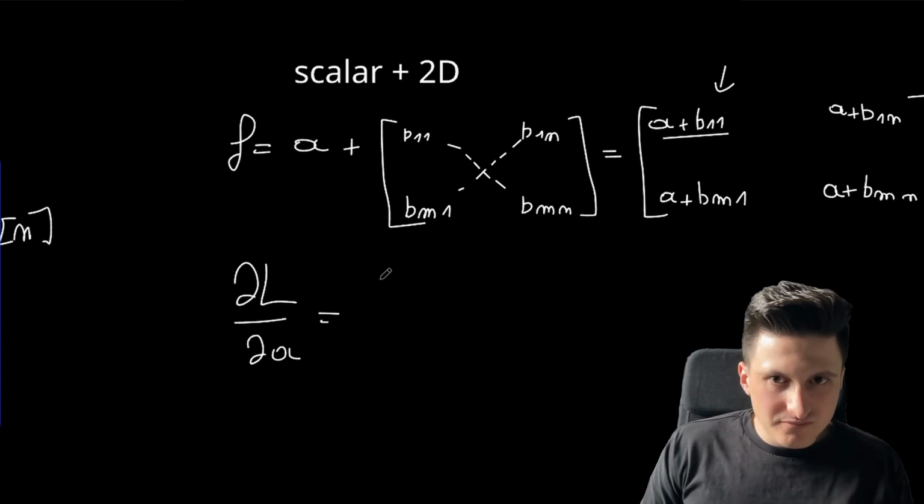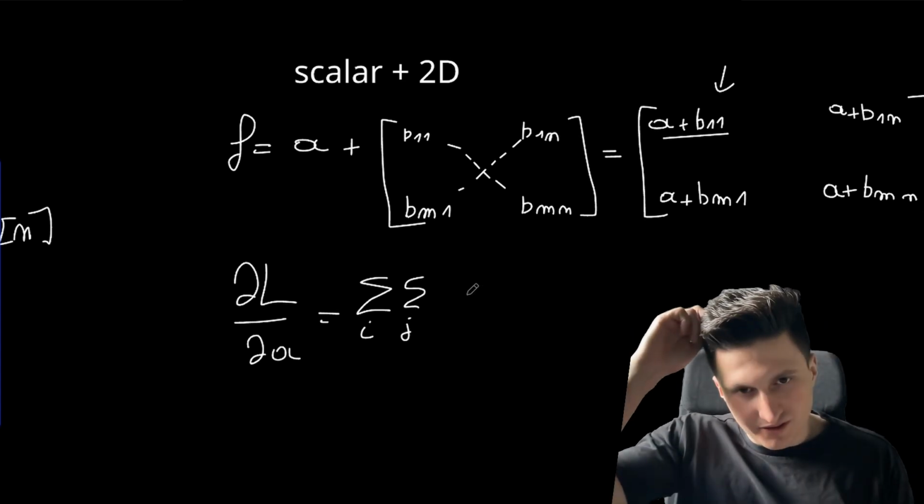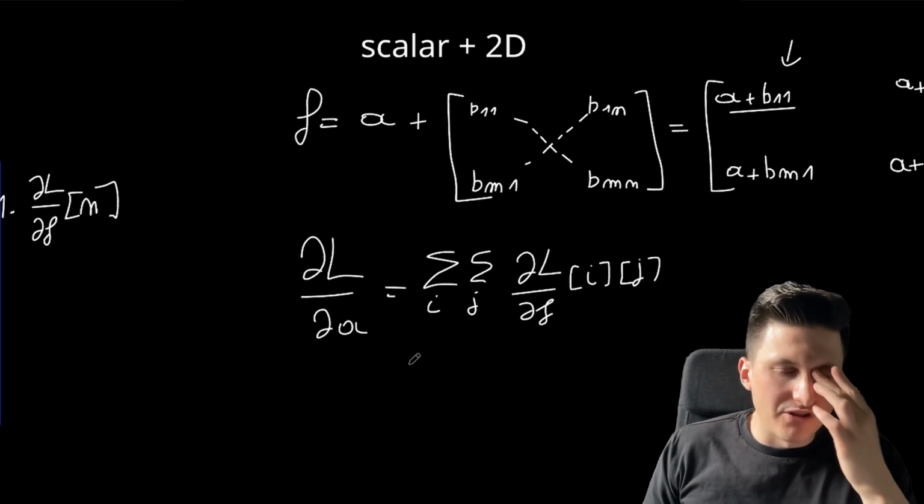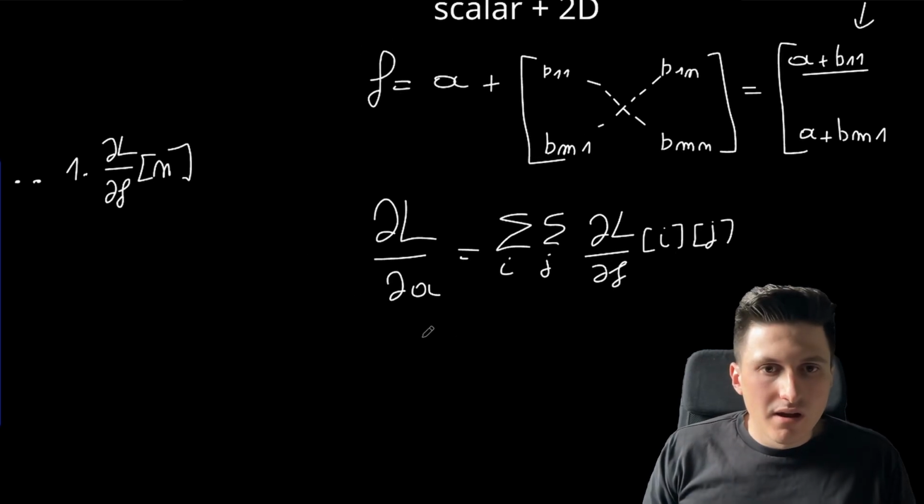So it's just going to be a sum over ij of the gradient of L with respect to f on each of those positions. So it once again just takes a sum.